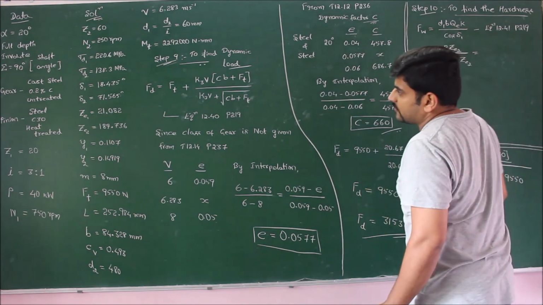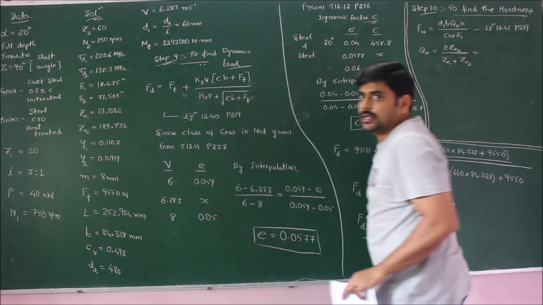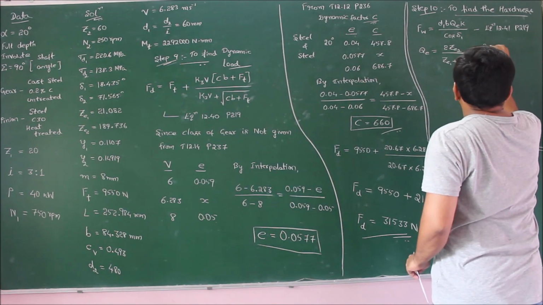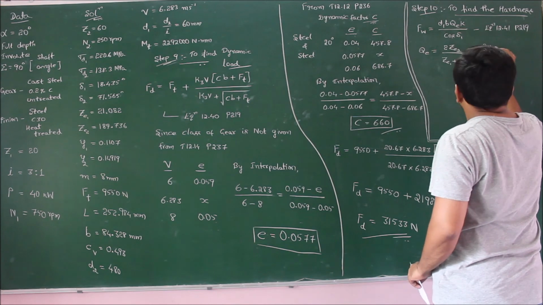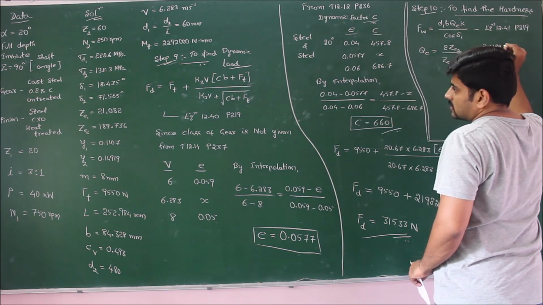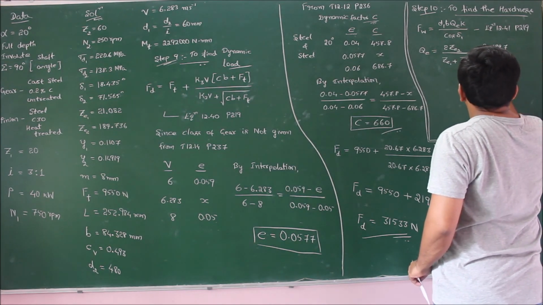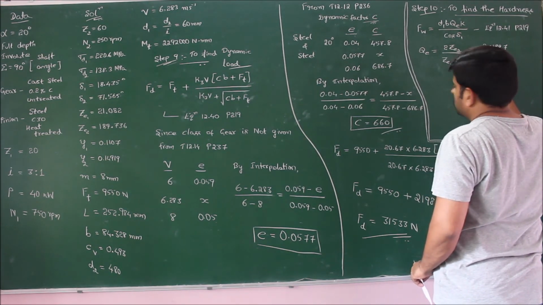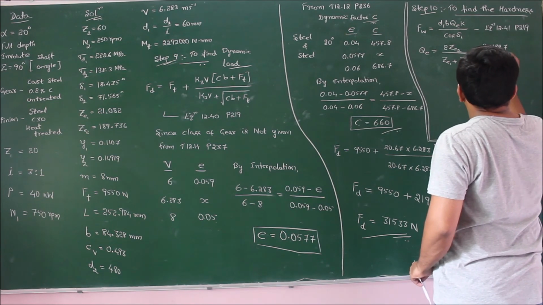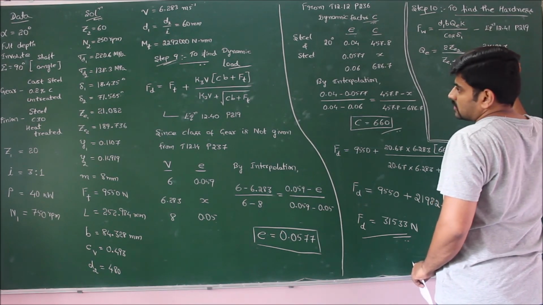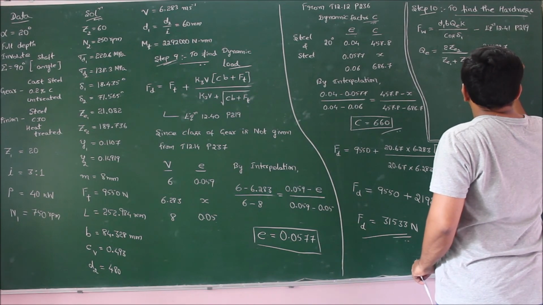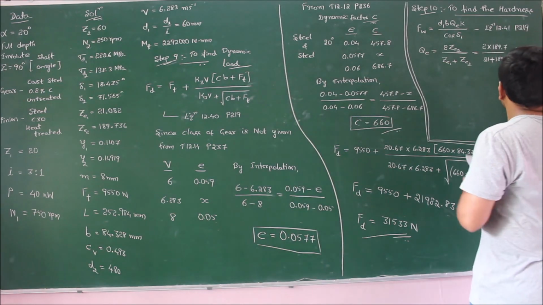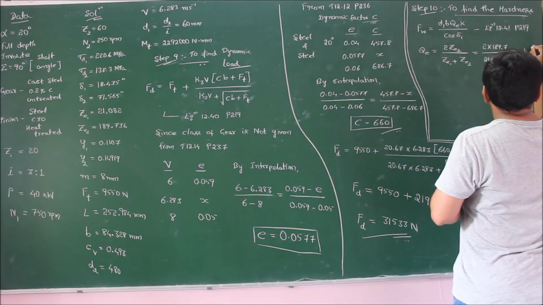So substituting the value of Z equivalent 1 and Z equivalent 2, I can get the value of Q equivalent, that is 2 times 189.736 divided by 21.082 plus 189.7. If I solve, the value of QE is turning out to be 1.8.